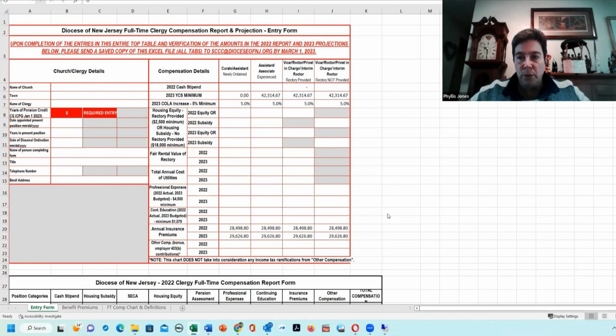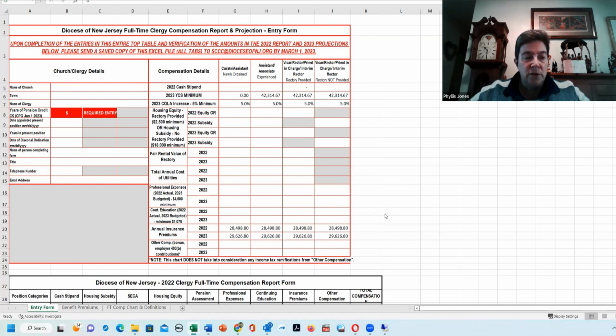So whatever you report on this form as a cash stipend is the amount the 5% COLA will be applied to, not the cash stipend plus the housing allowance. That's the differentiation when you're looking at the ramifications of what you report as a cash stipend.